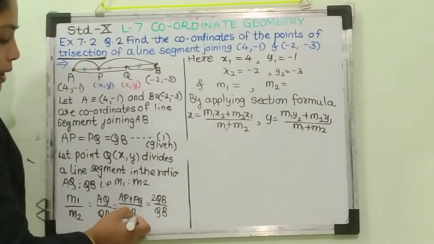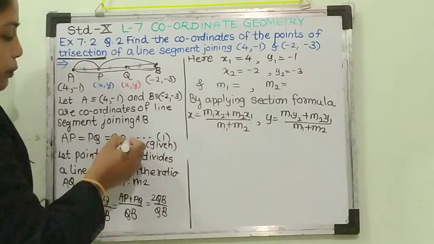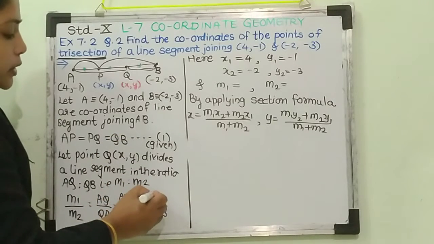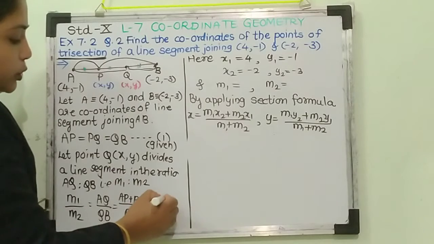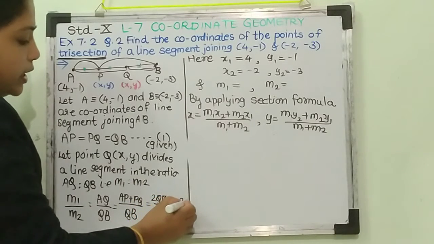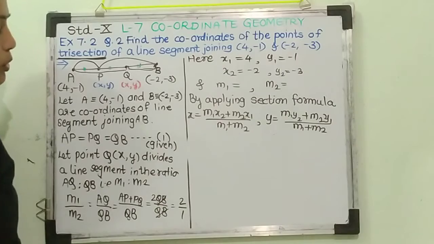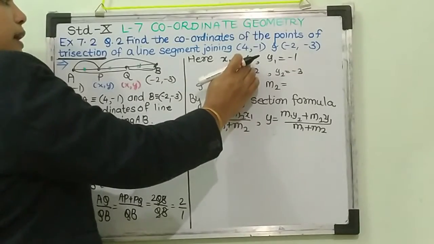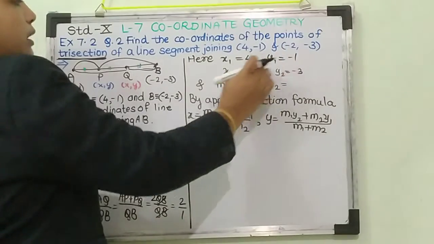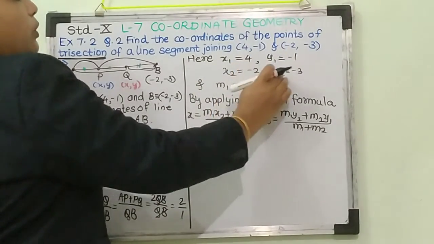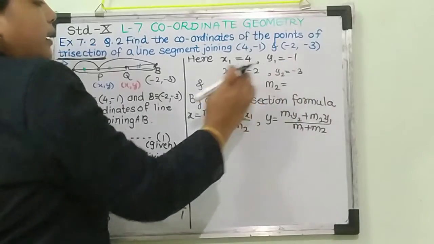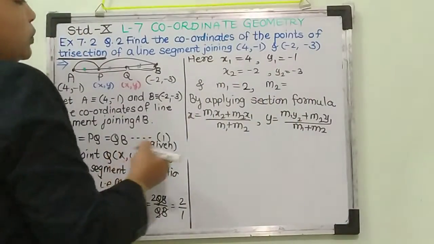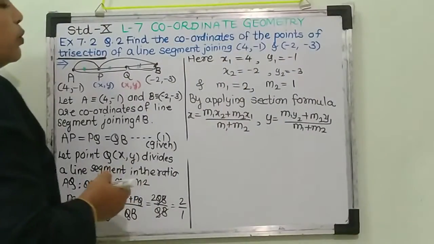PQ also I replace by QB from first. Then QB plus QB we get 2QB. And here QB will get cancelled and we get the ratio 2:1. So here x1 also same 4, y1 minus 1, x2 minus 2, y2 minus 3, and m1 we changed as 2 and m2 it comes 1.